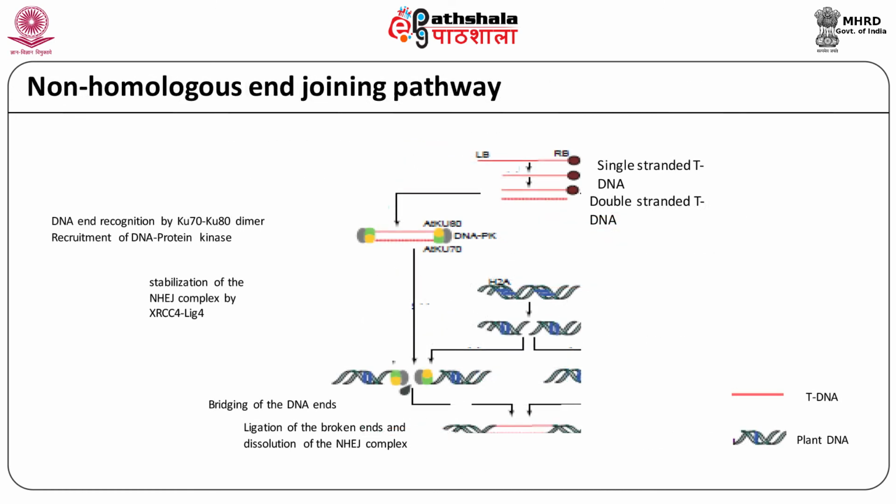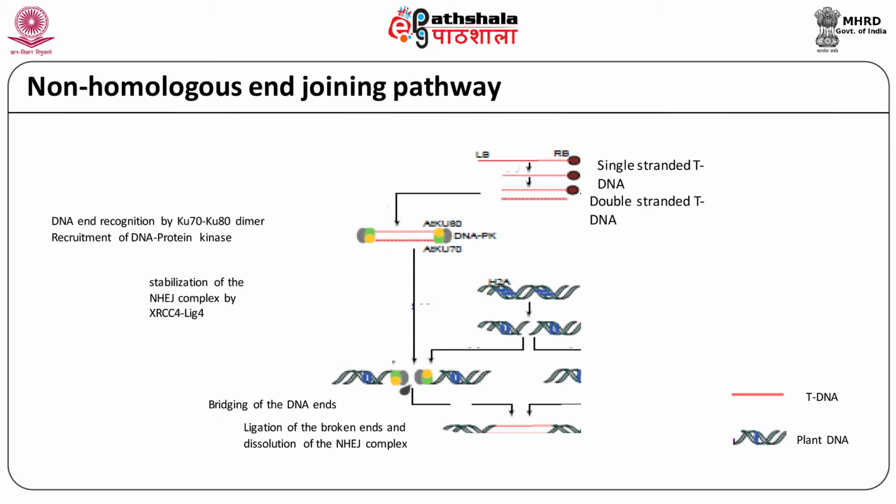In the non-homologous end joining or NHEJ pathway, Ku70, which is a double-stranded DNA binding protein that functions in heterodimer with Ku80, and a DNA-dependent protein kinase bind to the ends of double-stranded tDNA as well as the double-stranded breaks in plant genomic DNA.